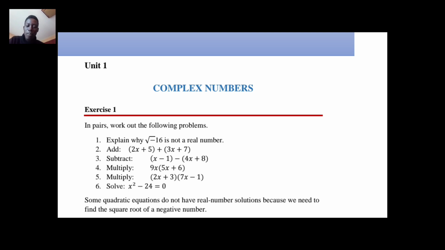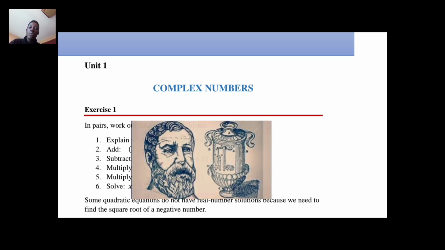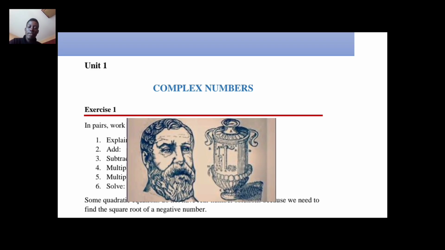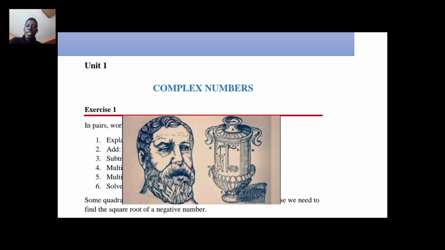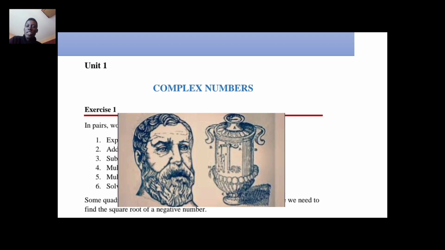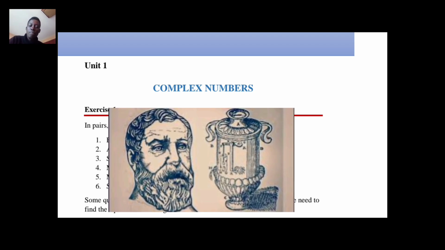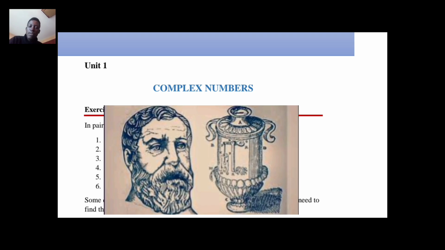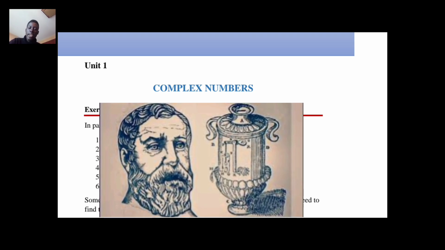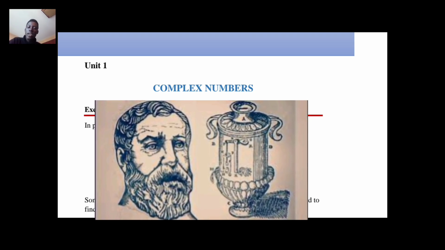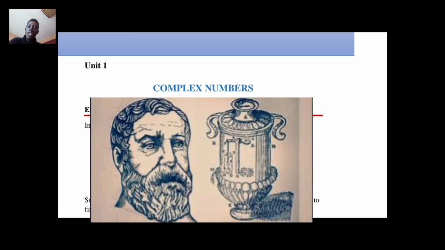So the complex number was first referred to in the first century by a Greek mathematician known as Hero of Alexandria when he tried to find the square root of a negative number. But he found it difficult. What he just did was change a negative into a positive and take the numeric root value.